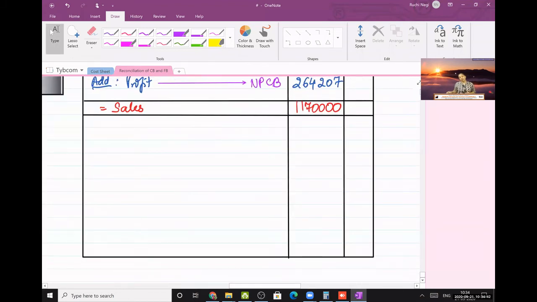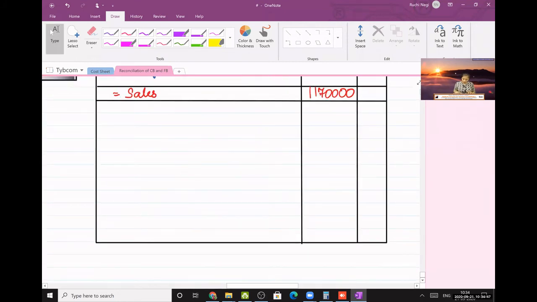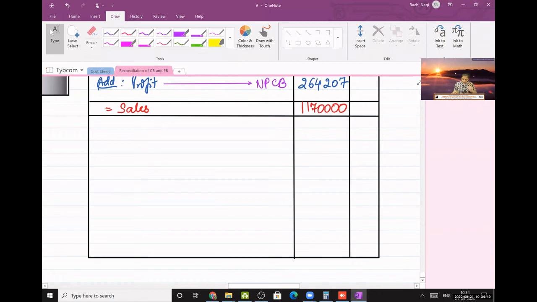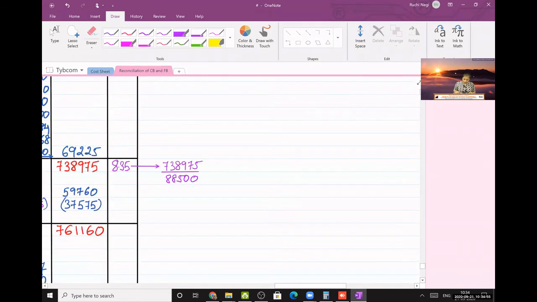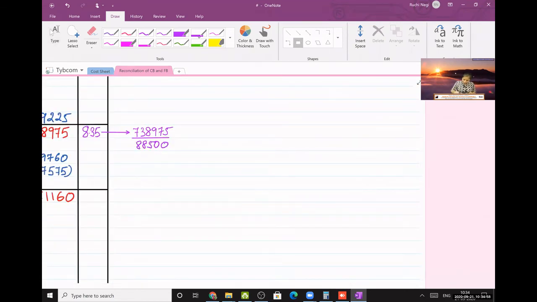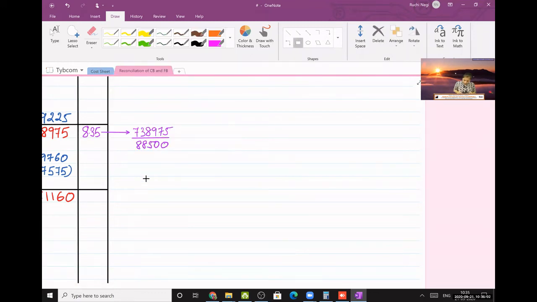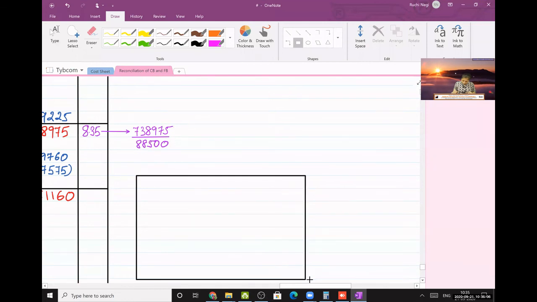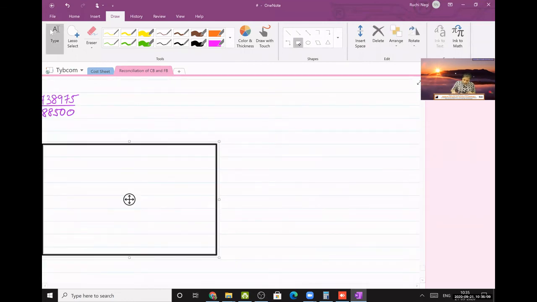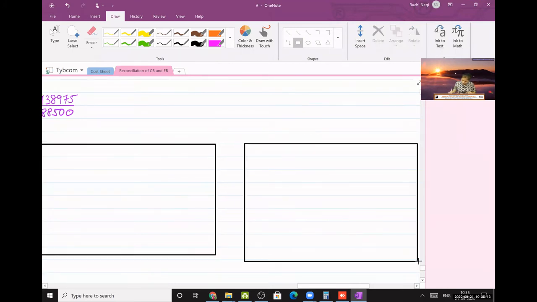And items which you are not taking in the cost sheet, their note will also come. So there are hardly any items in the cost sheet which will be reconciled.